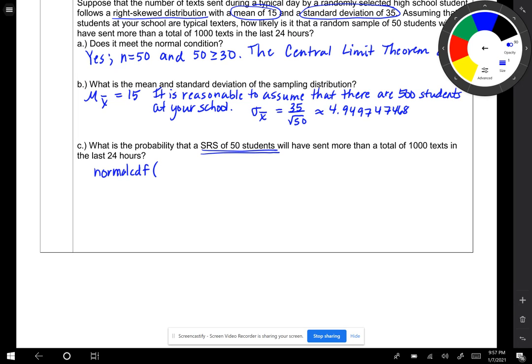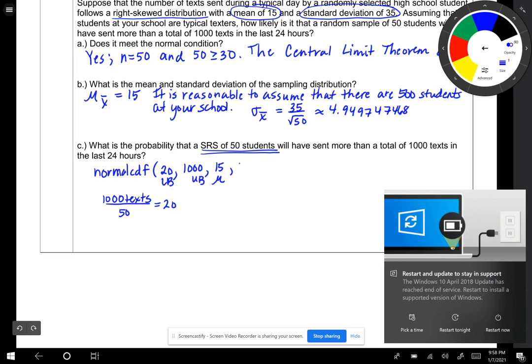But our lower bound we get by taking 1,000 texts and dividing it by 50 students. And so that's going to give us 20. So our lower bound is 20, and our upper bound is going to be some large number. So you can pick whatever you want. And then our mean is 15.